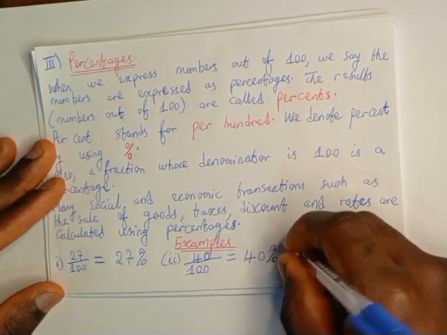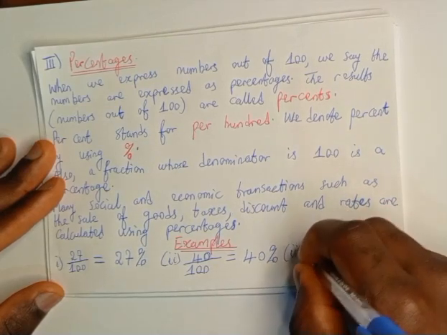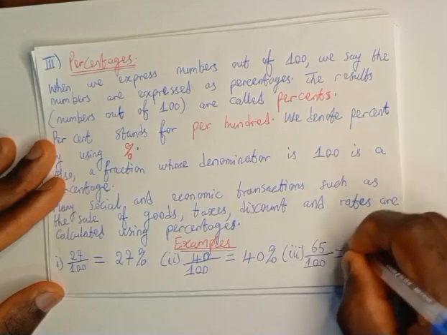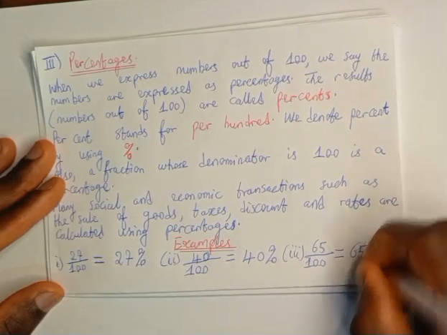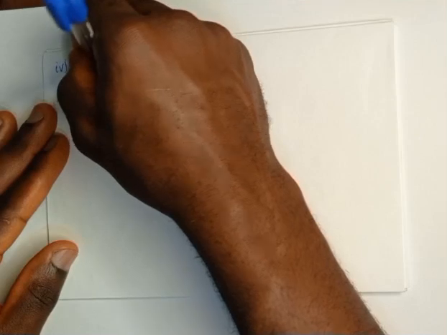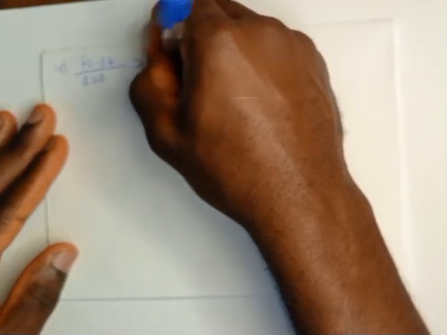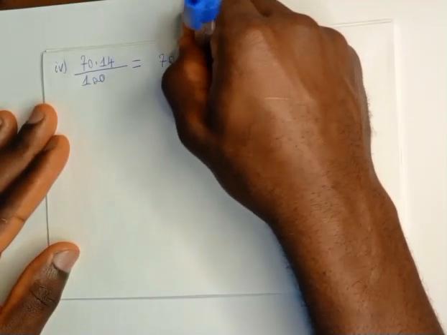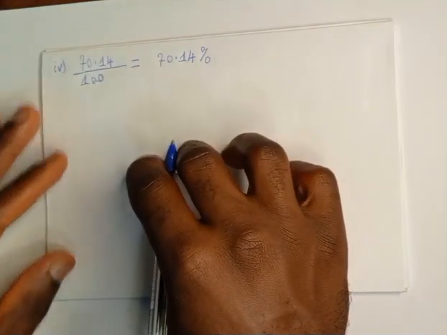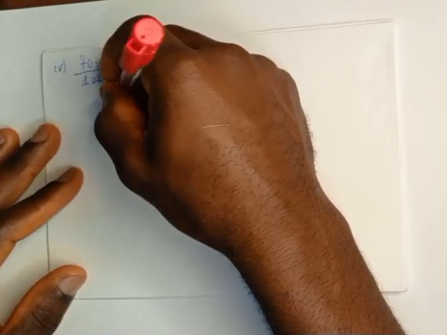We go now to 3, 65 out of 100 is simply equal to 65%. We go to the fourth example, 70.14 all over 100 is equal to 70.14%. These are all examples of percentages.